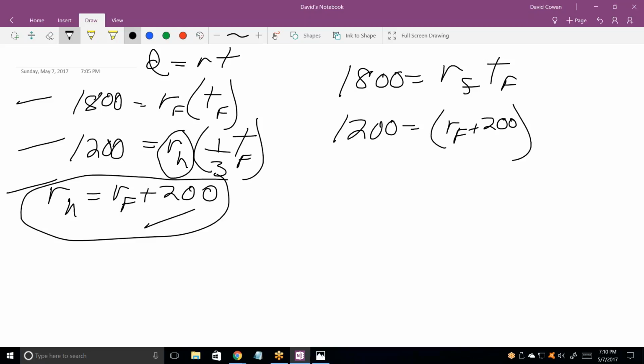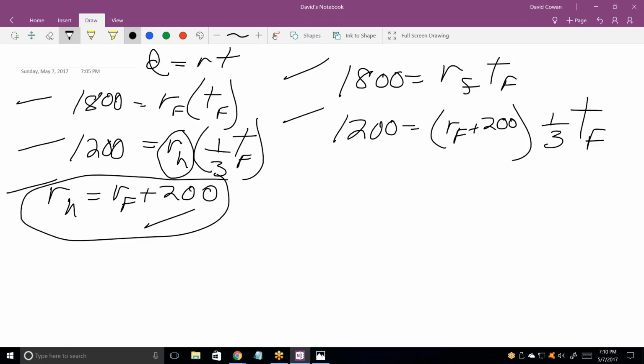Is that correct? Times 1/3 t sub f. Okay. Now I have 2 equations and 2 unknowns.